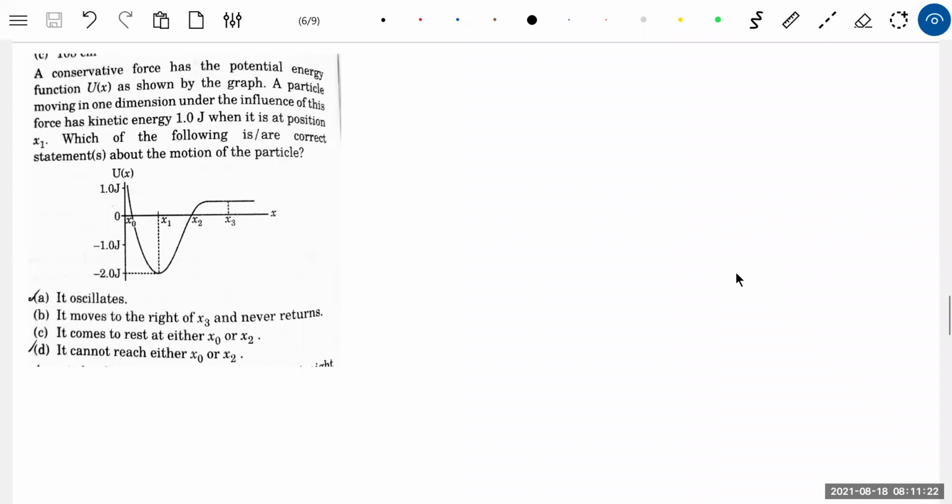Okay, how to proceed here? So let's directly go for at position X1.